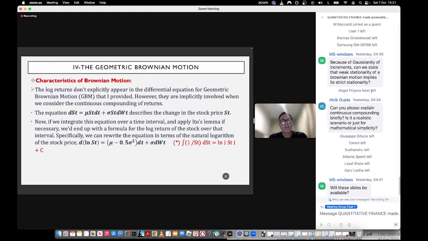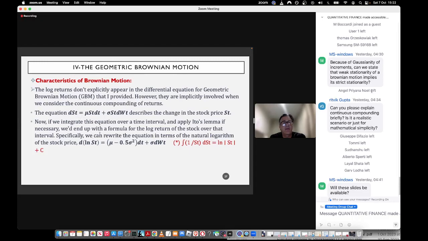So in the geometric Brownian motion, we were talking about log returns. You remember? You have to find a solution of this differential equation, and you ask where are the log returns. So what you're going to do is differentiate that and take the integral of that.